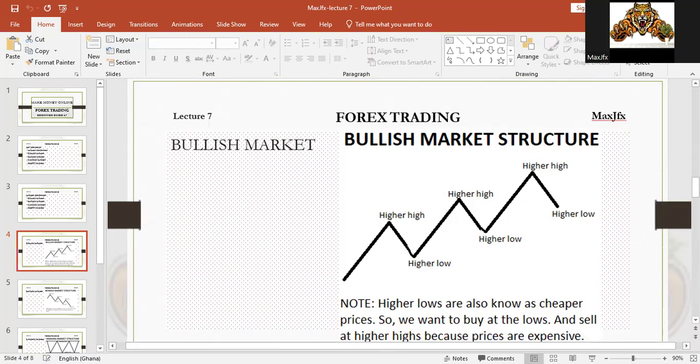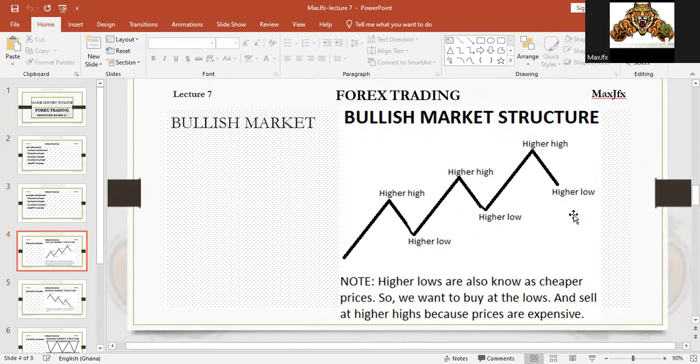So the notes right here that I wrote down. You have to note that higher lows are also known as cheap prices. So we want to buy at the lows and sell at higher highs because prices are expensive at the higher highs. The market is just like the normal markets we have been going to.